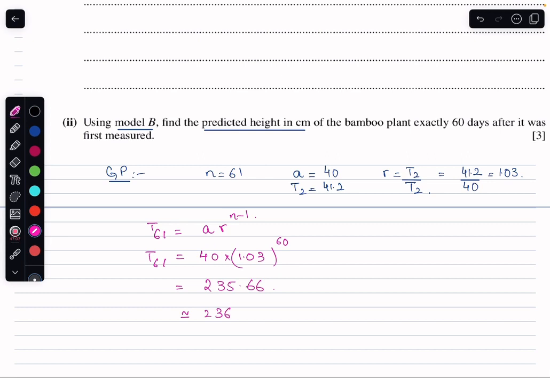The predicted height according to this model on the 61st day is going to be 236 centimeters.